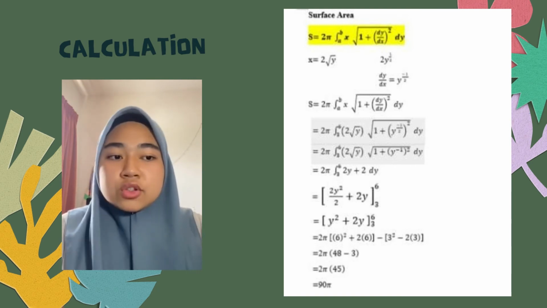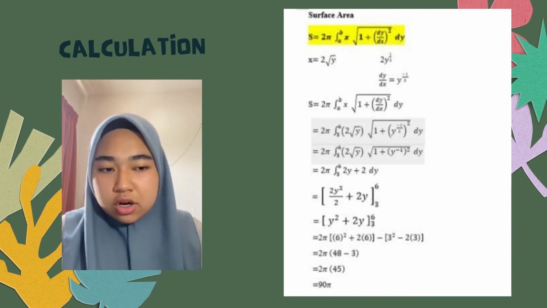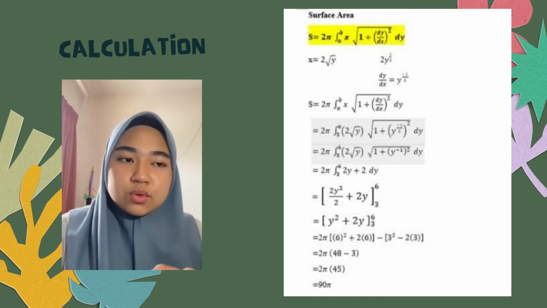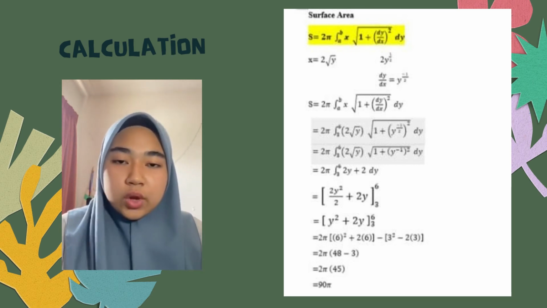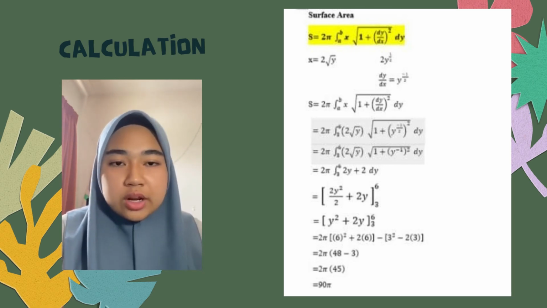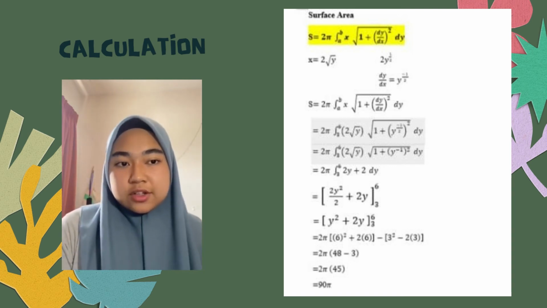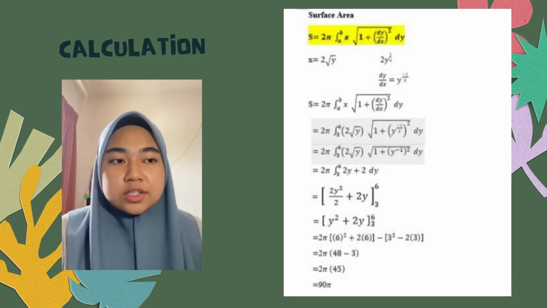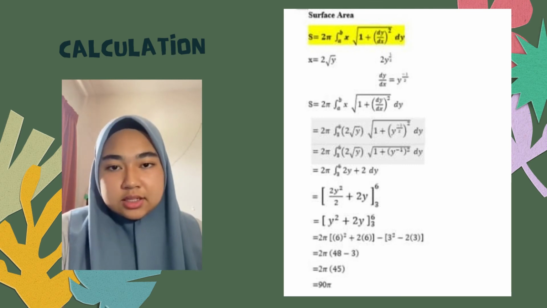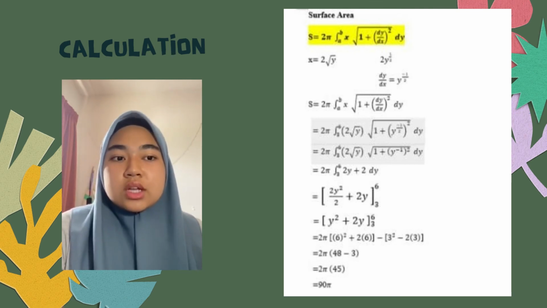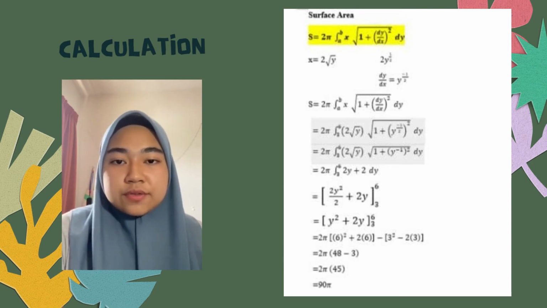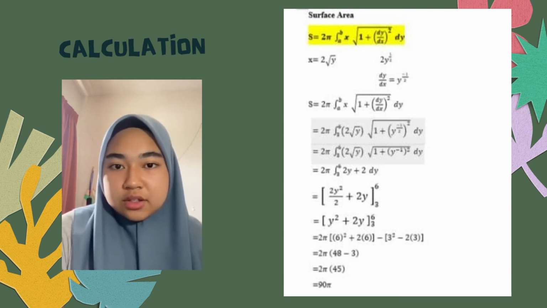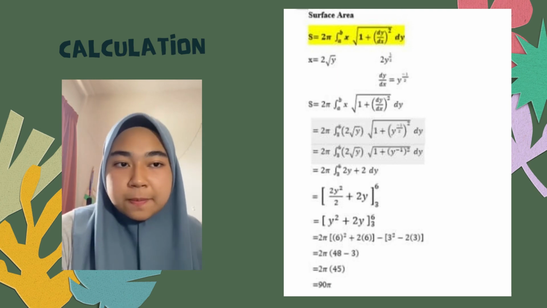Commonly you have to integrate, and you have to calculate the square root and everything. So in the end of the calculation, you can get the surface area for this question, which my group gets as 90 pi. So 90 pi is the surface area for the pot. So I think that's all for the surface area.